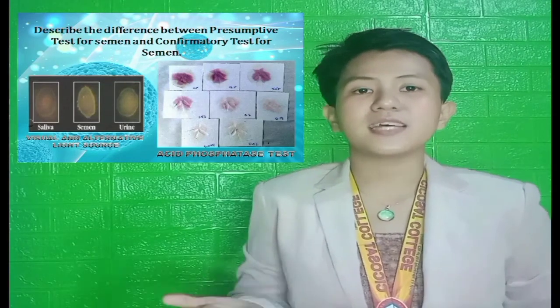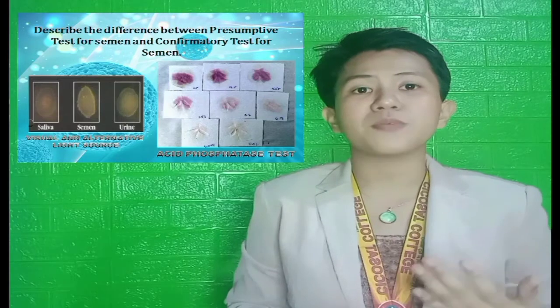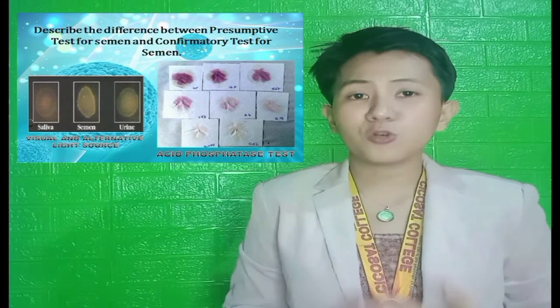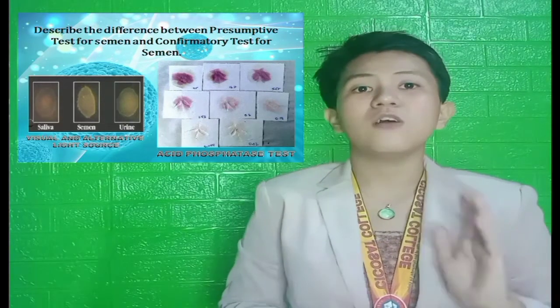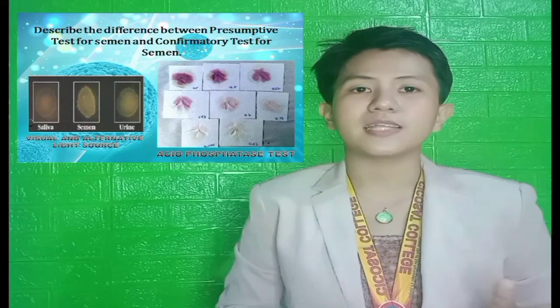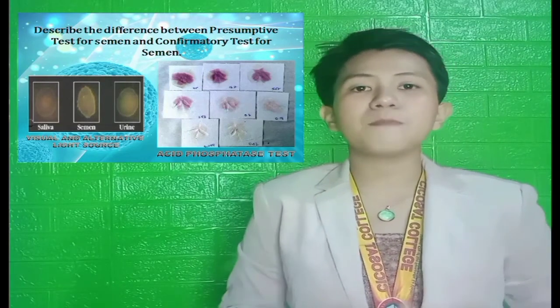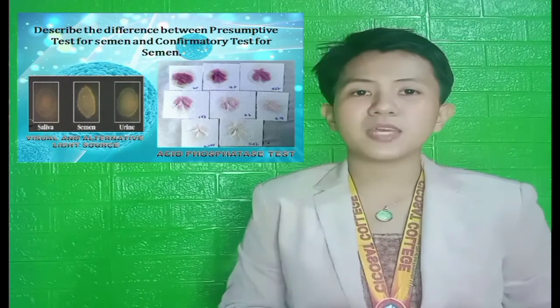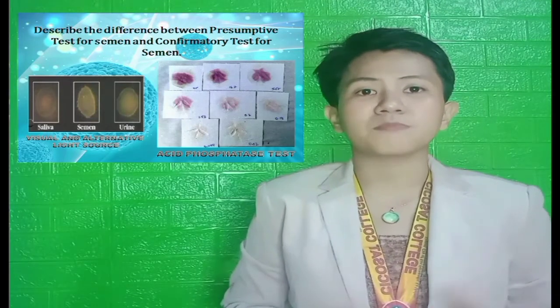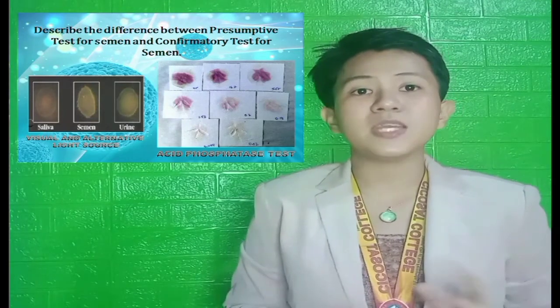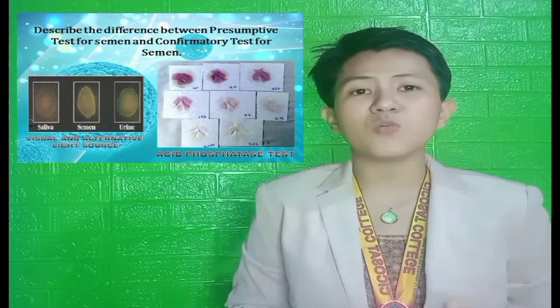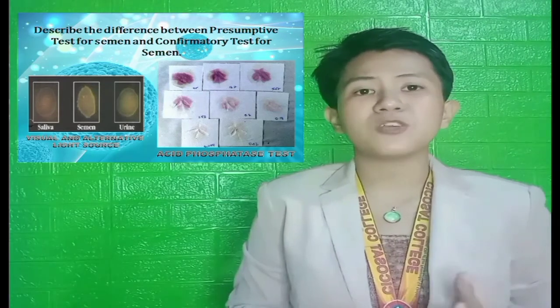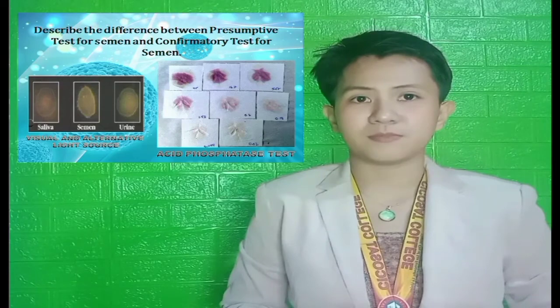Next is the acid phosphatase test. Acid phosphatase is an enzyme in semen. Using a chemical reaction, the semen turns dark purple in less than a minute, and the color is stronger when more semen is present.